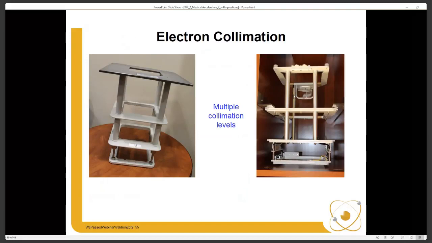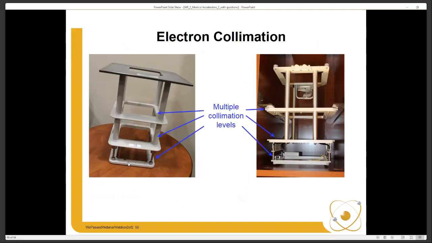I had said that electron beams need multiple layers of collimation. Here are two different electron collimators just to illustrate the three levels. So here's one level, and of course these slide into a tray at the bottom of the head. This one latches up, but this part connects to the head of the machine, and we have 1, 2, 3 layers of collimation.